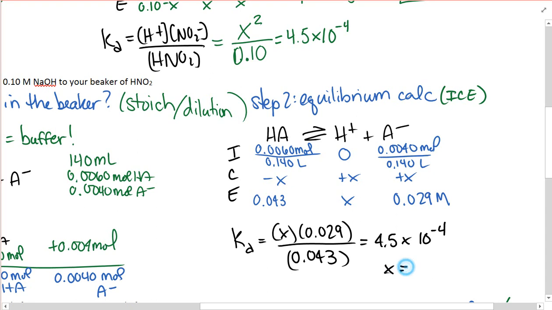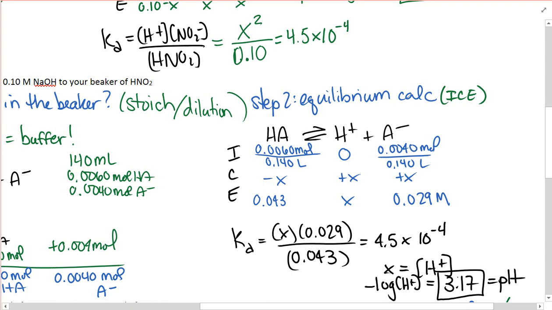Then I'm going to solve for X, and X will give me the hydrogen ion concentration. I didn't write down what that was, but if I take the negative log of the number that I calculated, I should get 3.17. That is going to be my pH.